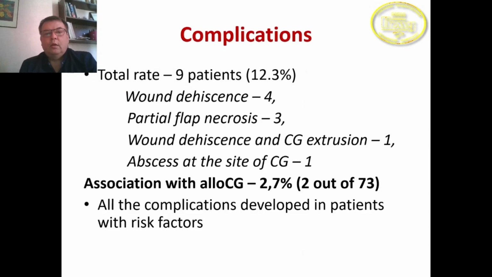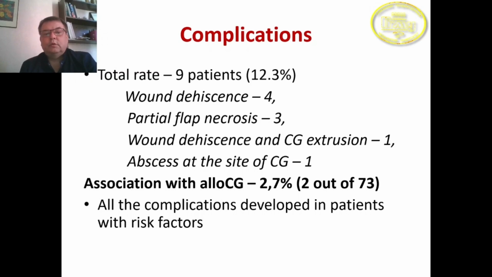Total number of complications was 9, about 12%. 3 cases of wound dehiscence and 3 cases of partial flap necrosis were developed, and 2 complications were probably related to the inserted cartilage.